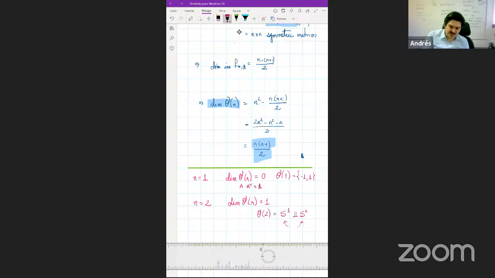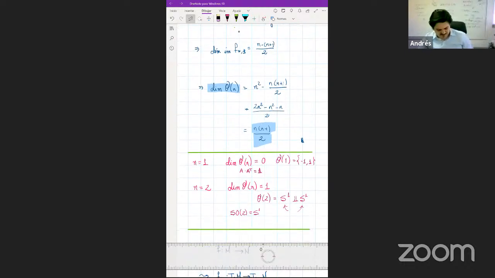So in other words, SO2 is the circle. Okay. So let's move on.